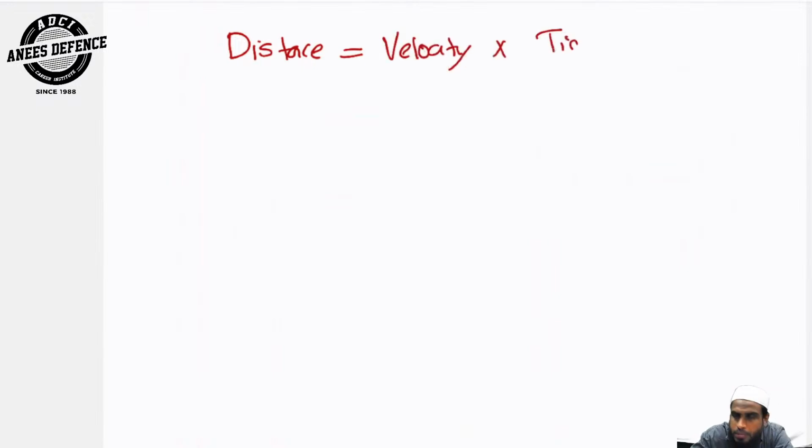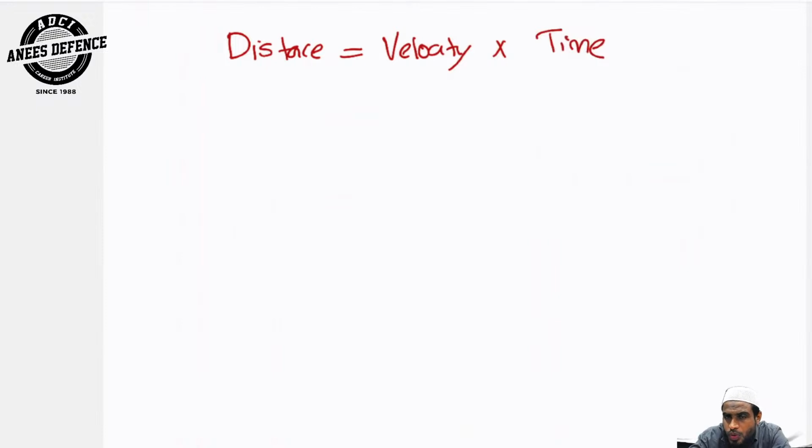The differentiation of a function in physics: distance can be represented as distance is equal to speed or velocity into time.